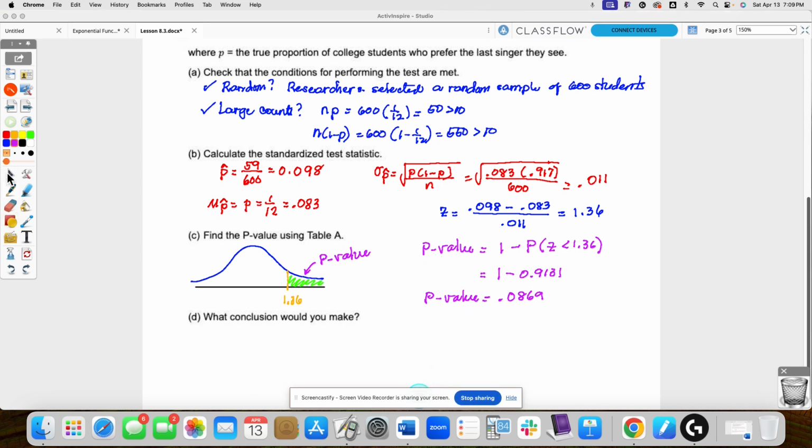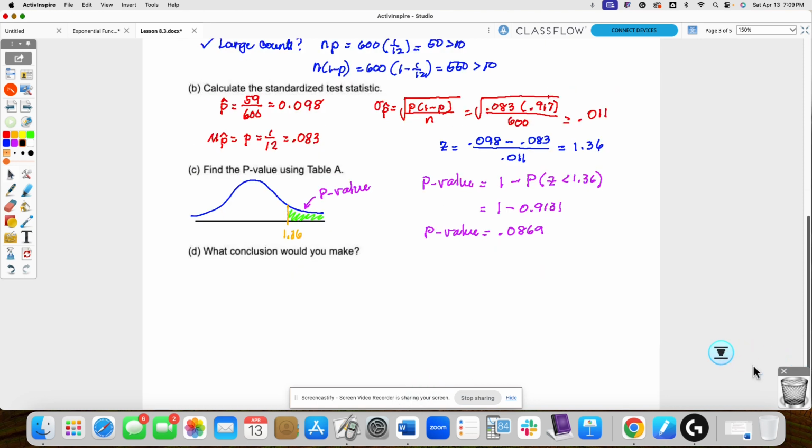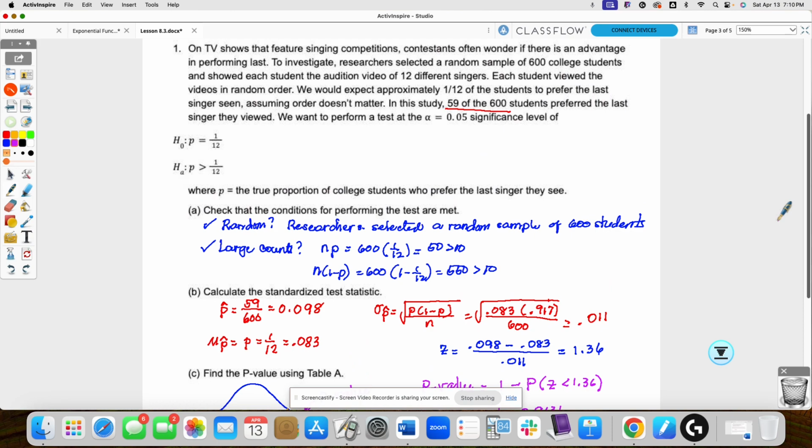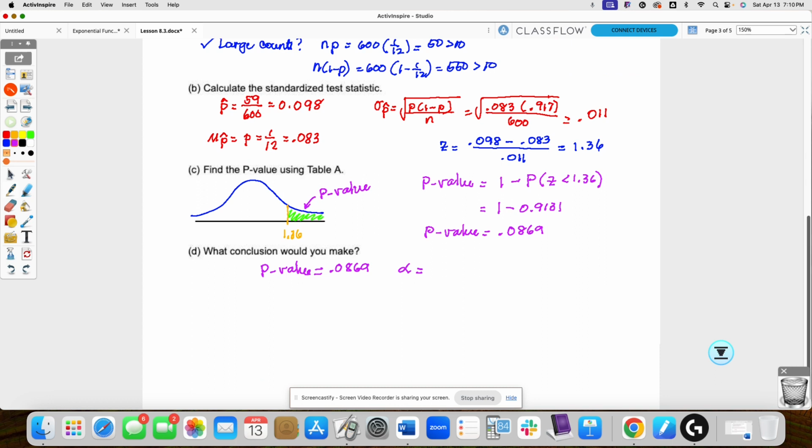So how do we make the conclusion? We will compare the p-value of 0.0869 with the significance level. The significance level here is 0.05. That's your alpha. Your p-value is greater than alpha.